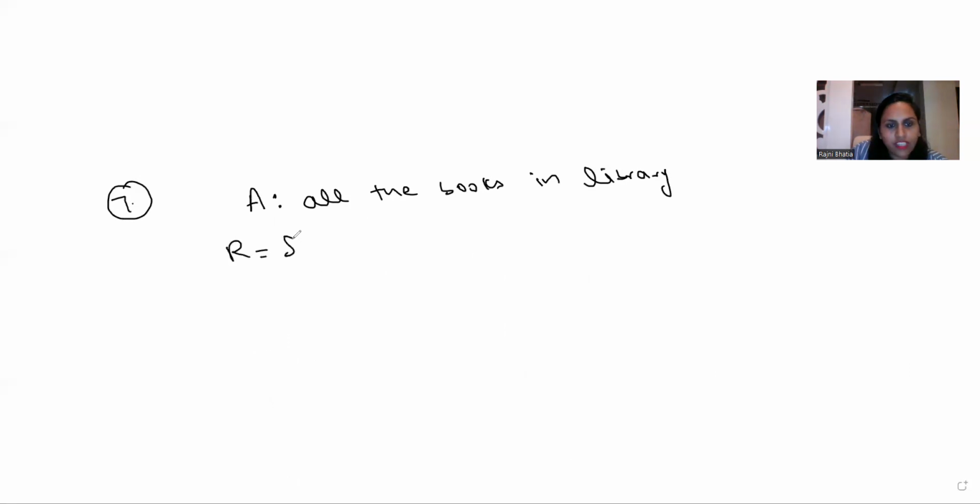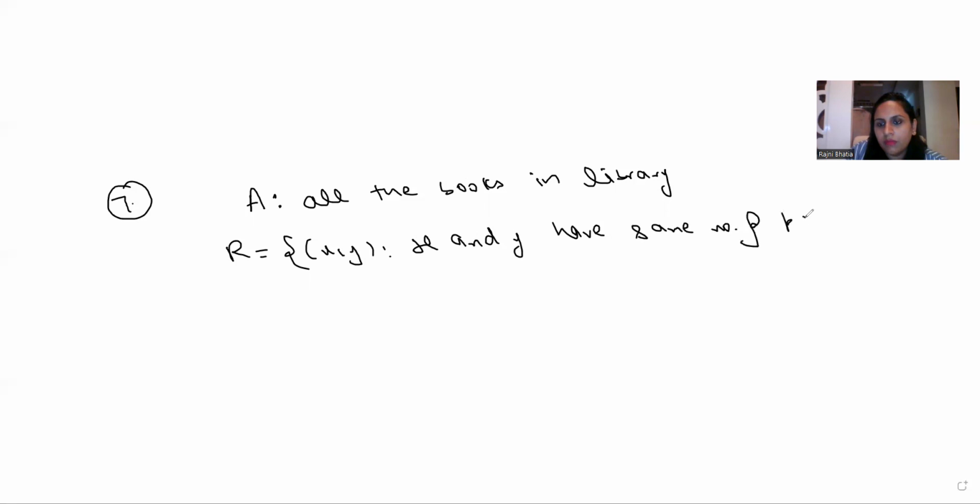Relation R is defined as (x, y) such that x and y have the same number of pages. So we need to show that this is an equivalence relation.